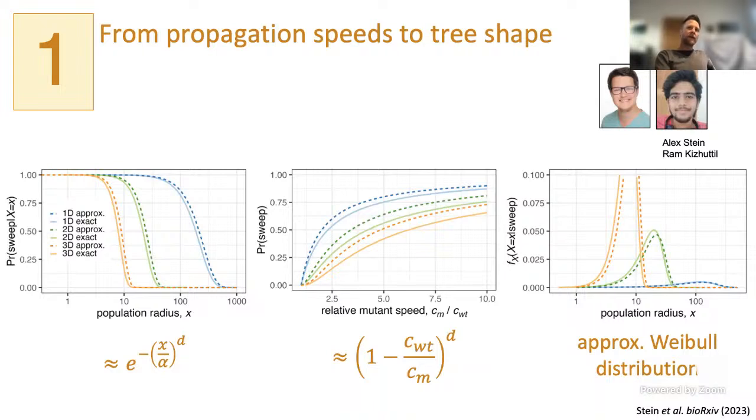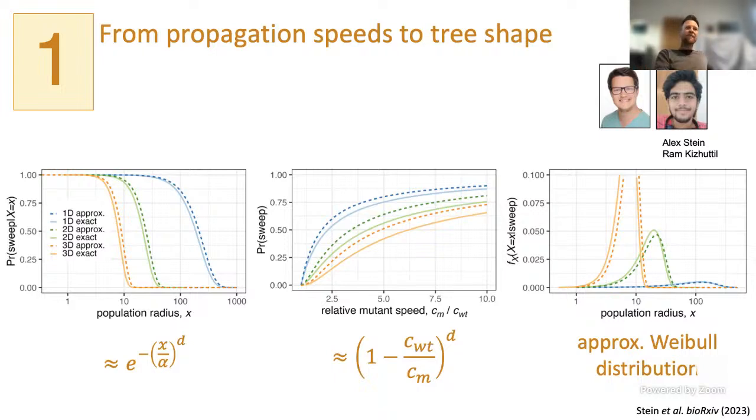You can analyze the exact model, which Alex Stein here, a very talented graduate student, did. But also what Alex found is you can find some very nice simple approximations by making what seems like a very radical simplification, which is to assume that instead of the first mutation arising anywhere at random within this growing ball, it occurs exactly at the middle, exactly at the center of the ball.